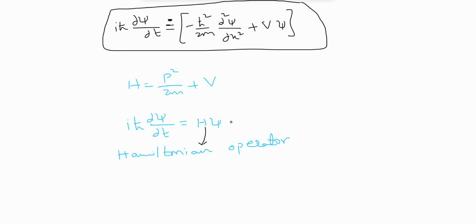The Hamiltonian operator is minus h cross square by 2m dou square by dou x square plus V. This is the Hamiltonian operator, and it acts on the wave function just like energy and momentum.